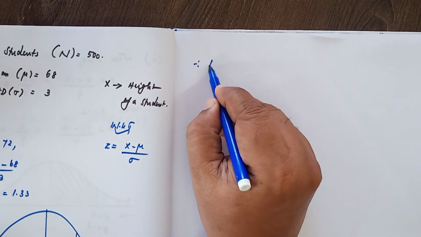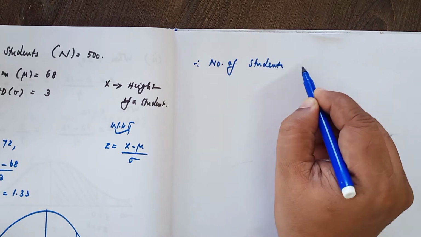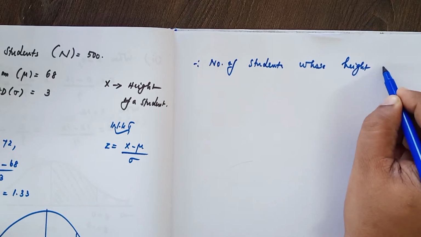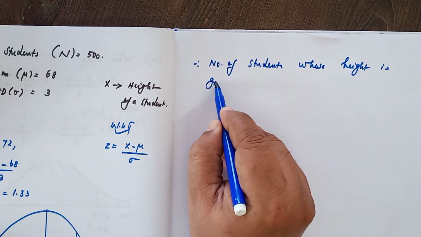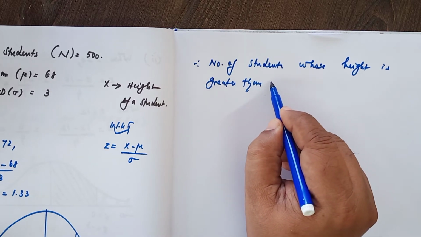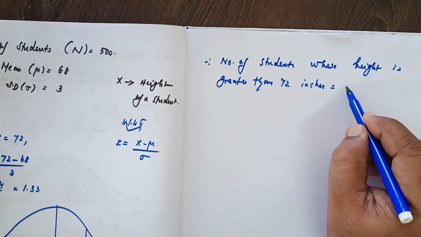You can write the result here. Therefore, number of students whose height is greater than 72 inches is equal to, first write the probability value.